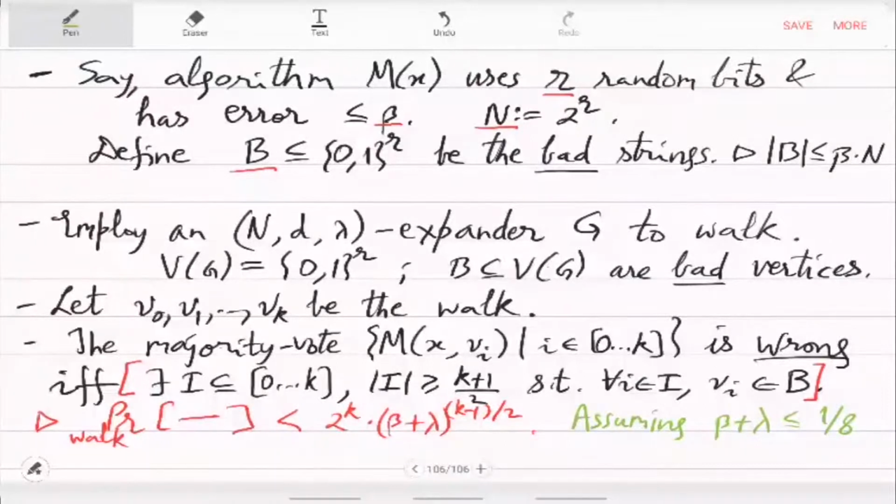So you will get this bound, beta plus lambda at most 1/8, and that will give you error probability less than 2^(-k/2) for random bits.